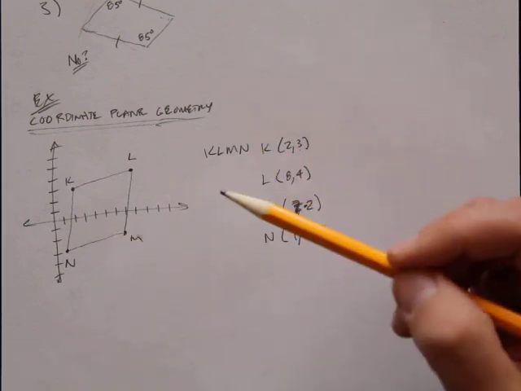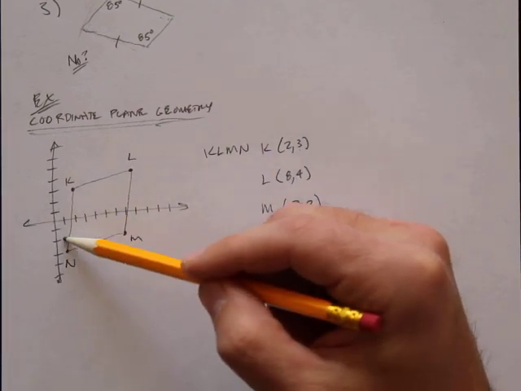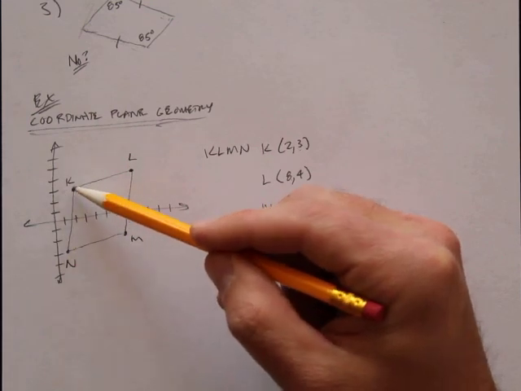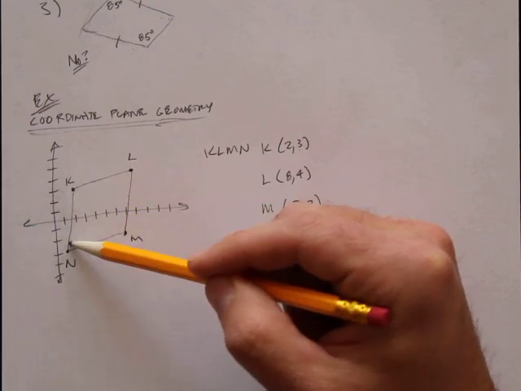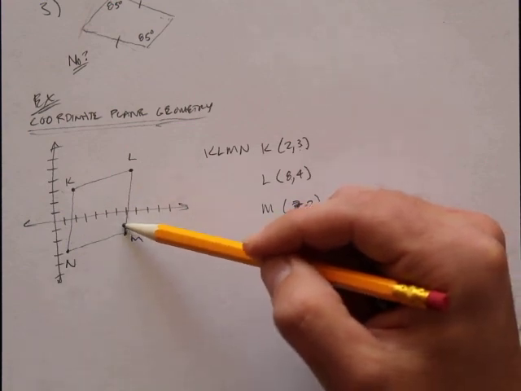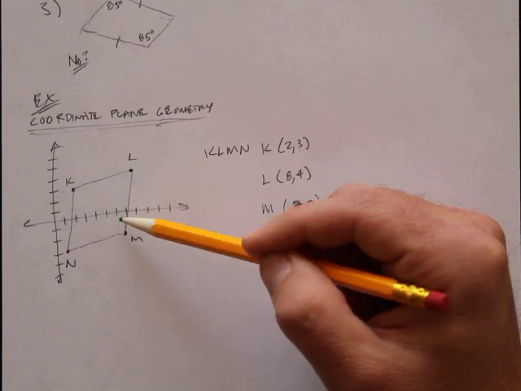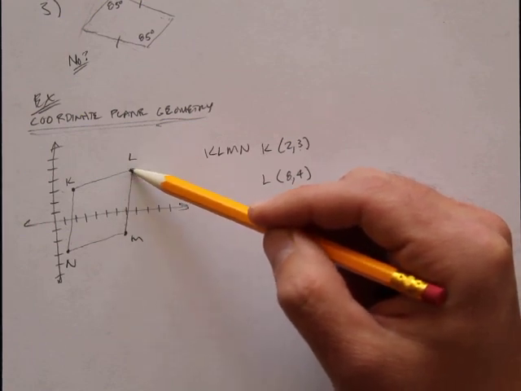So there are a couple ways you could figure this out. You could count: we go up 6 and to the right 1 for KN. So let's go up 1, 2, 3, 4, 5, 6. Oh, I think I might have miscounted that. And to the right 1.